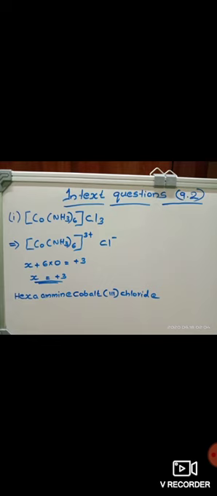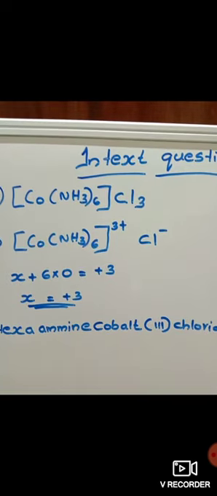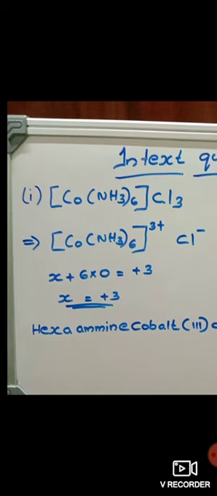What will be the product as a result of splitting? [Co(NH3)6]3+, because the compound is [Co(NH3)6]Cl3. We know the charge of Cl is −1. So by interchanging, we get the charge of the complex as 3 plus. Now by using this, we can calculate the oxidation state of cobalt.